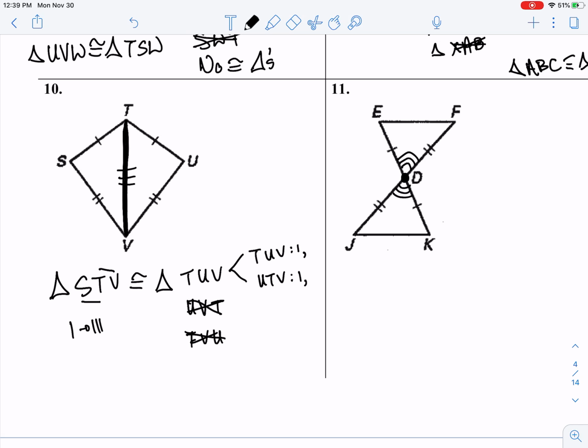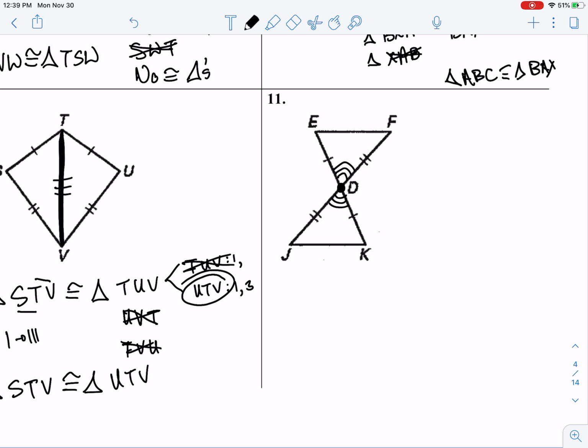T to U to V, 1 mark. So go along the side with 1 mark to the side with 2 marks. That's wrong. U to T has 1 mark. T to V has 3. That's what I want. So that's my answer. So triangle STV is congruent to triangle UTV. Okay.